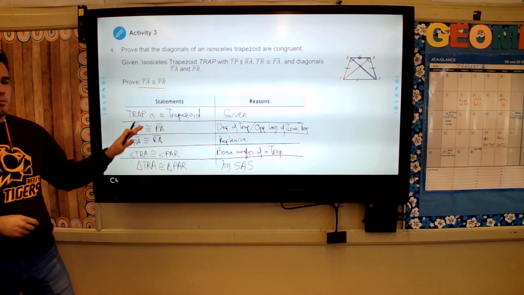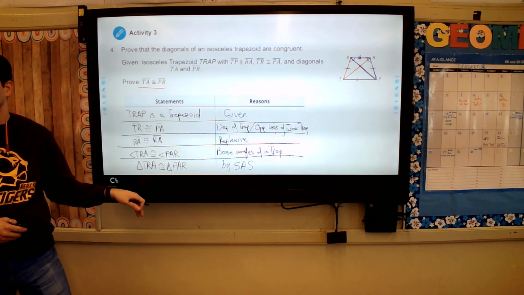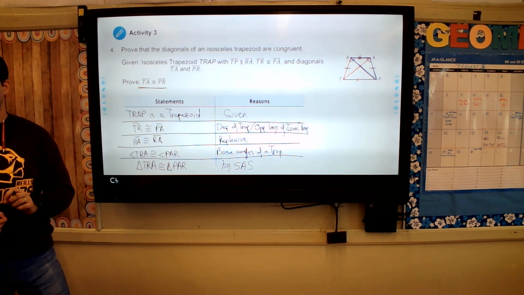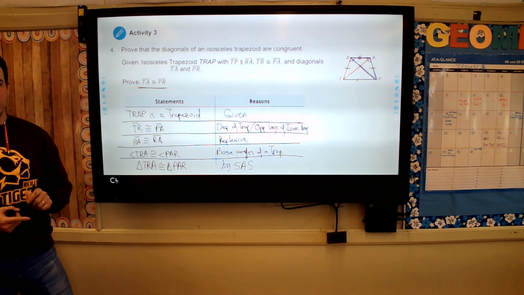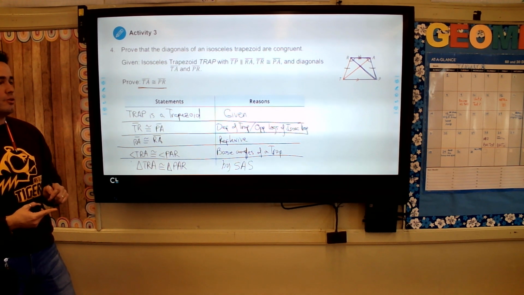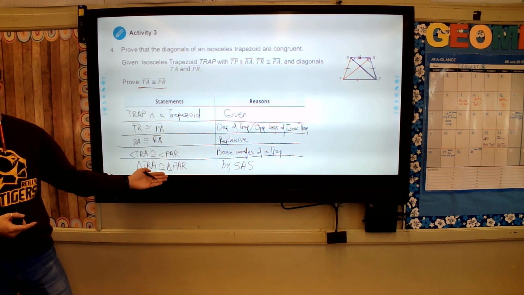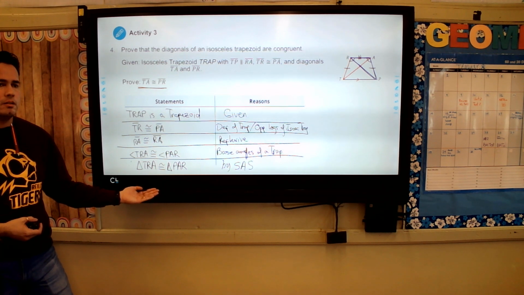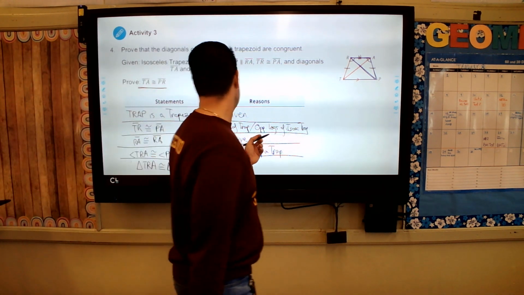Okay. What's the whole purpose of doing that? Because they didn't ask me to prove if the triangles are congruent or not. They asked me to prove if TA is congruent to PR. So what was the whole purpose? That means TA is congruent to PR because of CPCTC.